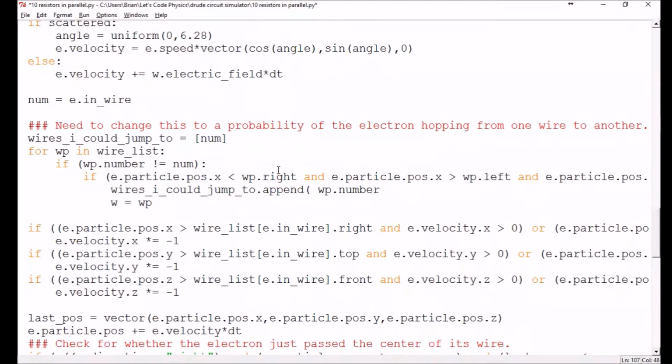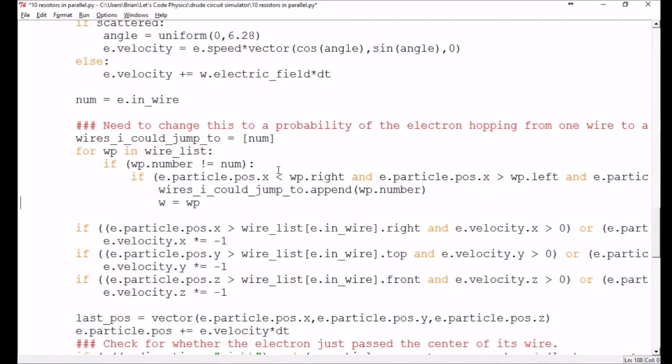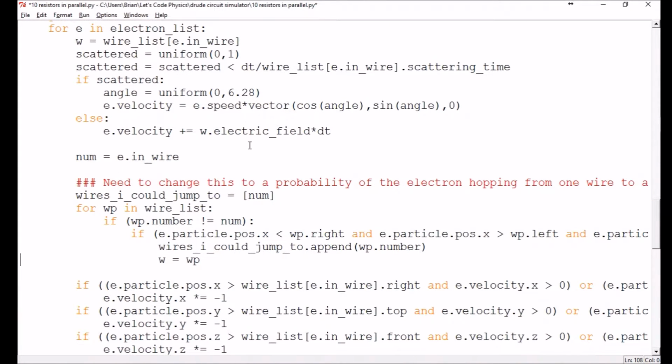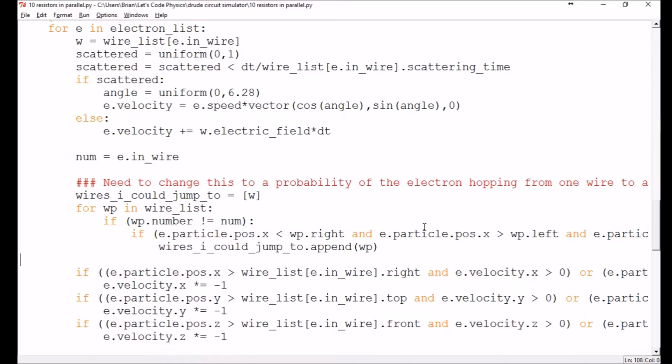We're going to append the wire that we're currently considering. Oh, that's right, W is the wire. Okay, because I think it would be better to keep track of the wires rather than their numbers. So let's just go with W there, and then we'll go WP here. There we go. But we're not going to set that anymore.